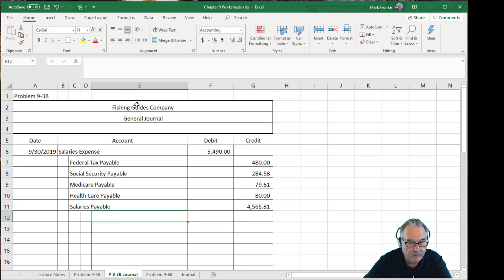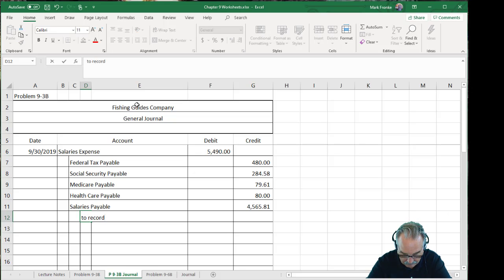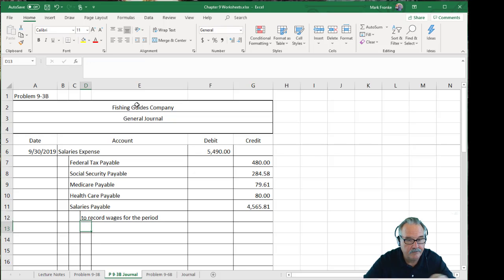And this is to record wages for the period or something like that. And we would attach our schedule that we prepared over there.